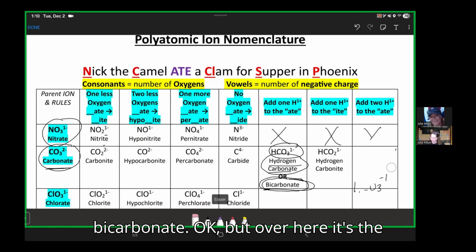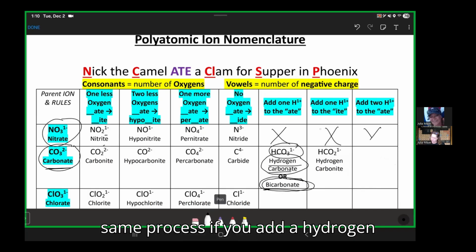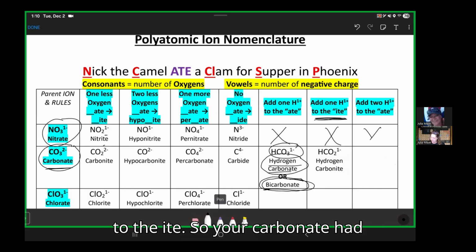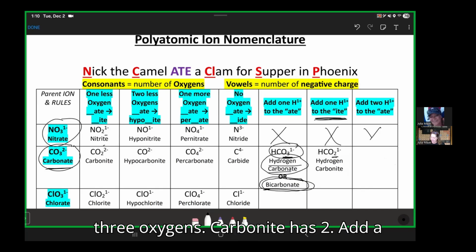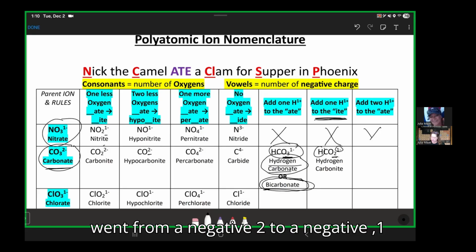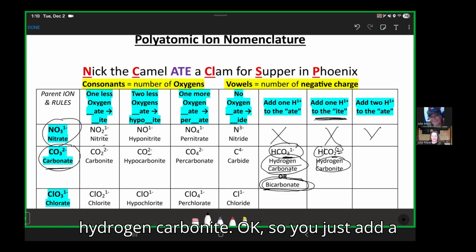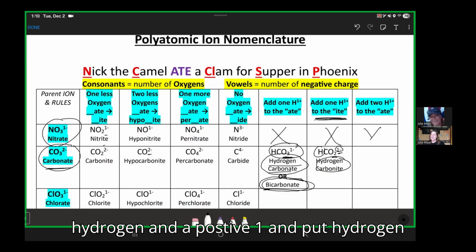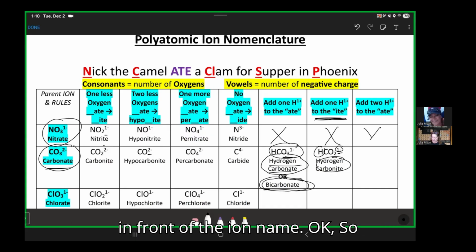Okay, but over here, it's the same process. If you add a hydrogen to the ite, so your carbonate had 3 oxygens, carbonite has 2, add a hydrogen and a positive charge. So you went from a -2 to a -1, hydrogen carbonite. Okay, so you just add a hydrogen and a +1 and put hydrogen in front of the ion name.